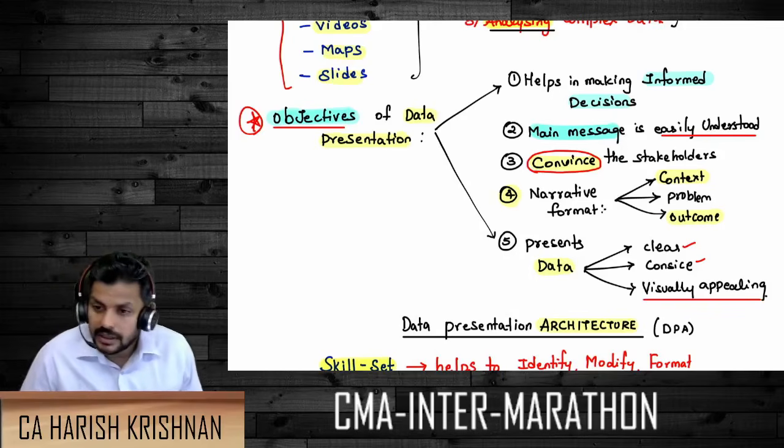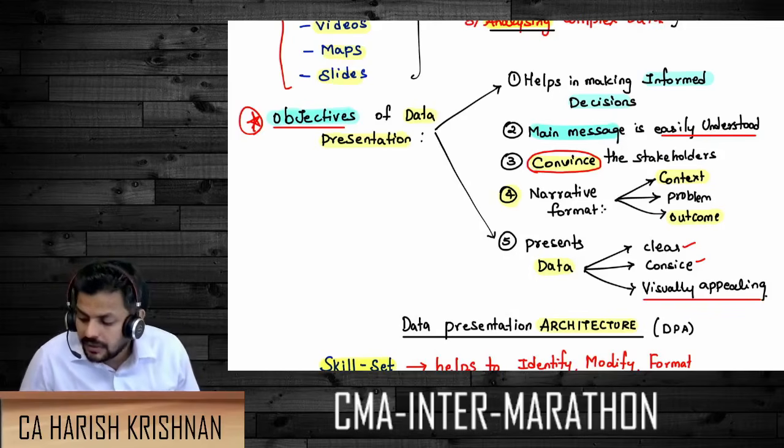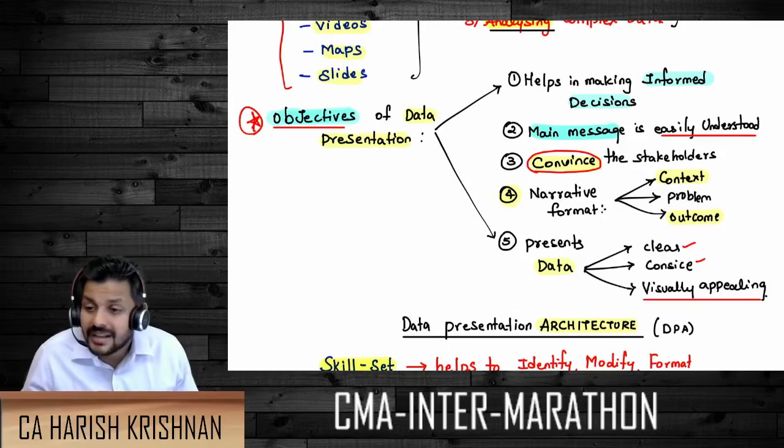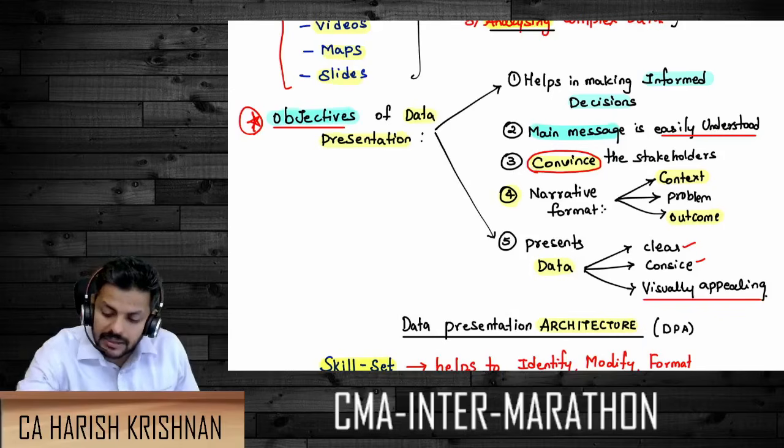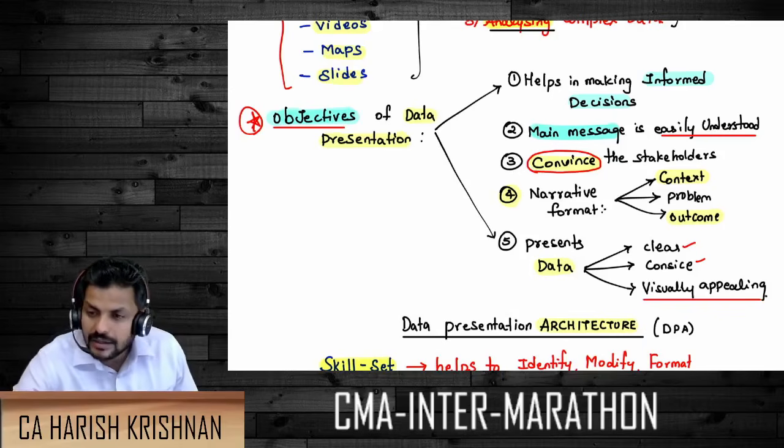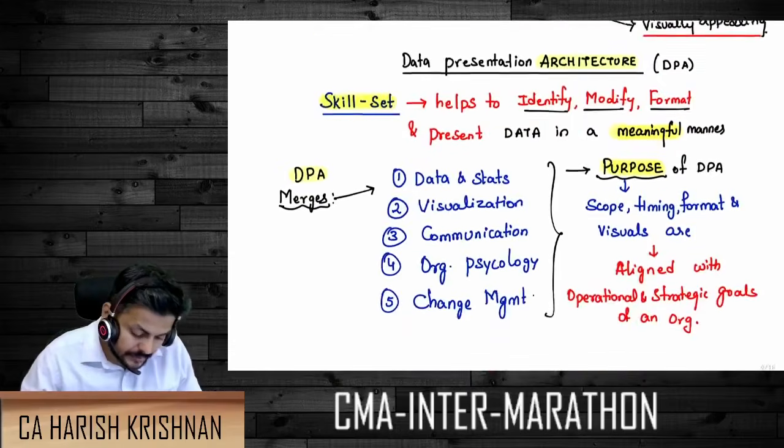So you are going on telling about data presentation, but how will you present the data? We will present the data in a proper way. That proper way of presenting the data is called data presentation architecture. Architecture normally means the design as to how the data will be prepared. So that is exactly what we are going to understand now under the DPA, the data presentation architecture.